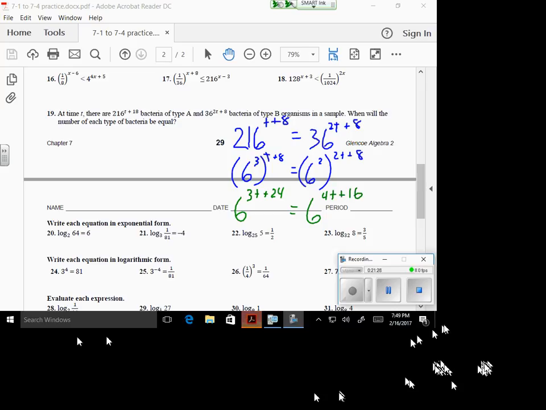Drop the bases. 3T plus 24 equals 4T plus 16. We'll subtract 3T this time. That gives me just a positive T equals, subtract 16. 16 from 24 is 8. Time would be 8.